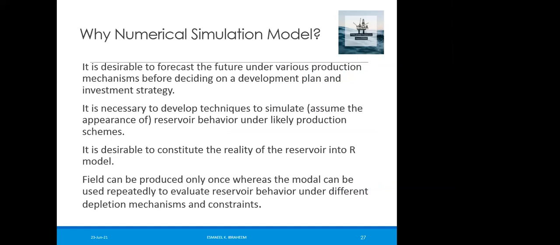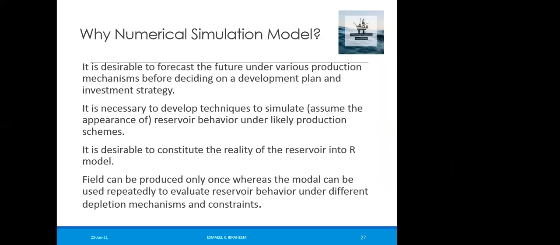Why a numerical simulation model? It is desirable to forecast the future under various production mechanisms before deciding on a development plan and investment strategy. It can show you the future forecast of the field under consideration or under study.